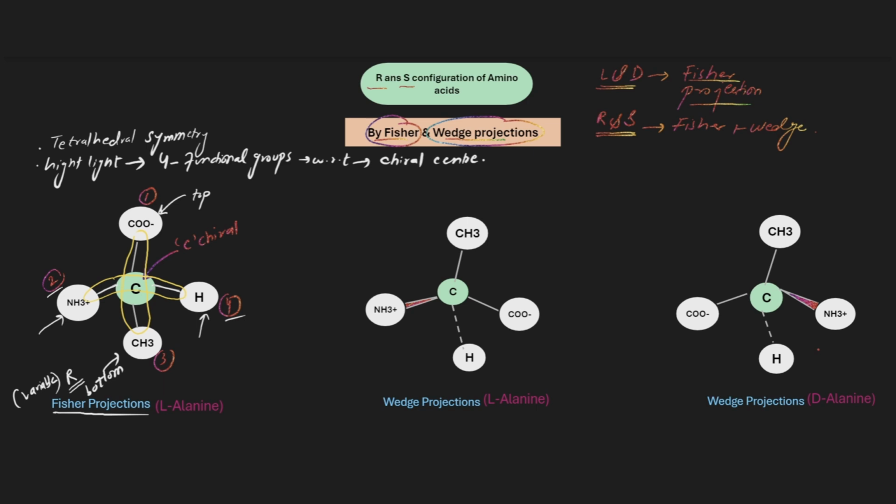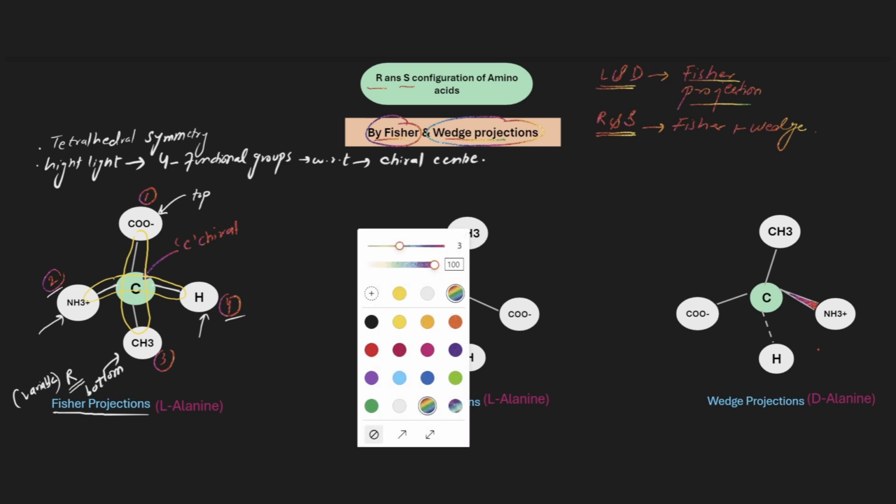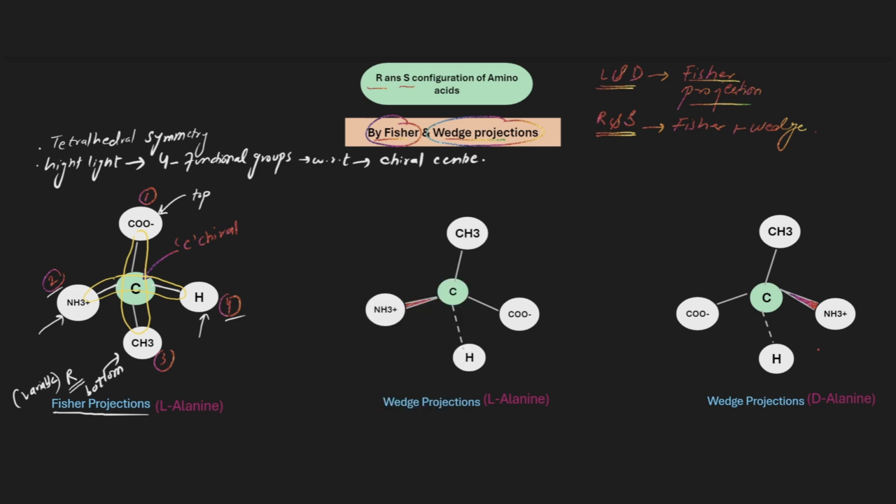Now let's move towards the wedge projections. This is a totally new kind of projection which we are going to discuss in this lecture. According to the wedge projection, again the chiral carbon is given the center position, and it is chiral because it is attached to four different groups at one time.